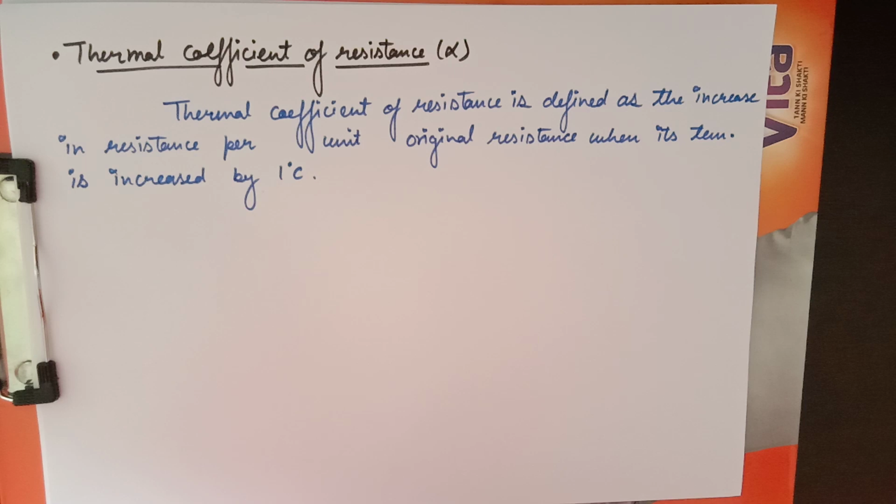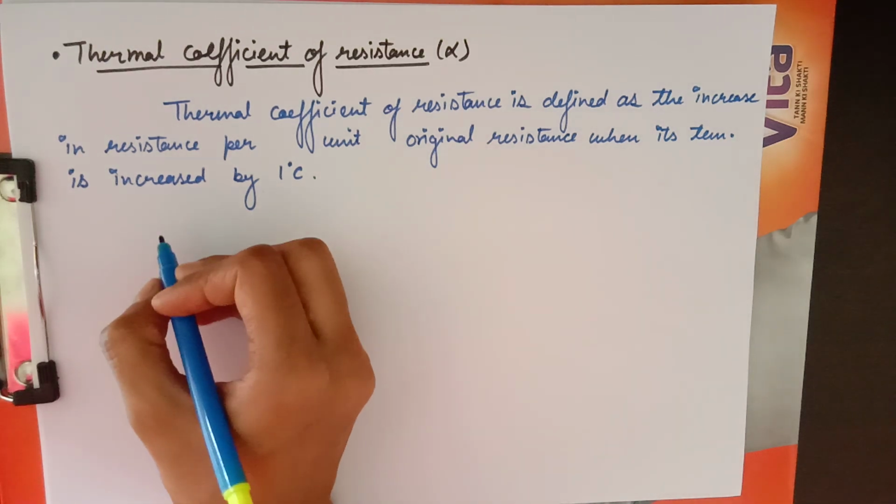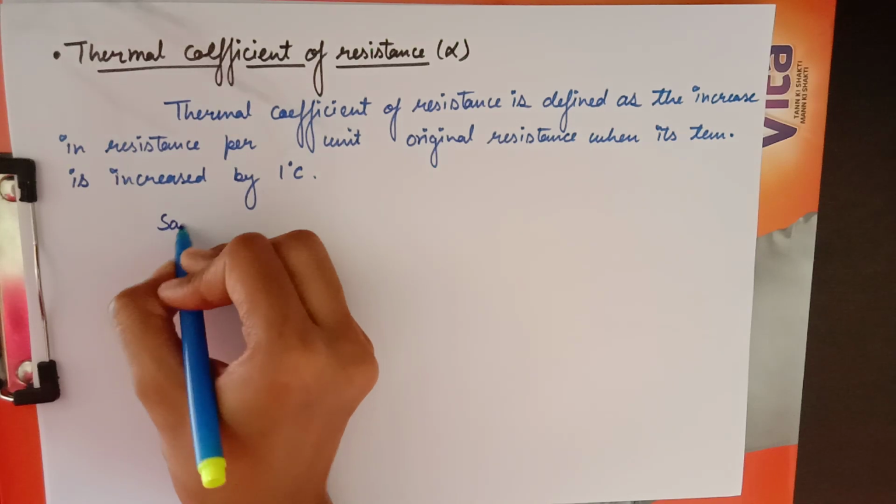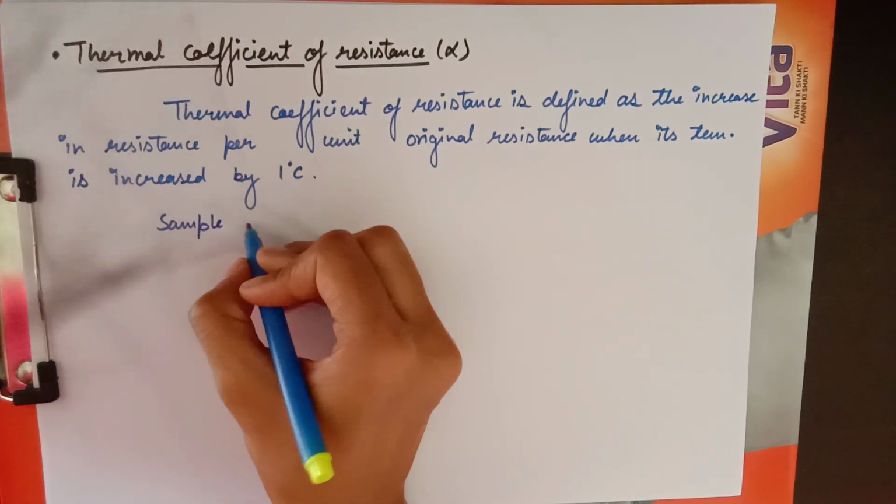Next important term in this is thermal coefficient of resistance. Thermal coefficient of resistance is defined as the increase in resistance per unit original resistance when its temperature is increased by 1 degree Celsius. You can understand this by the following explanation.